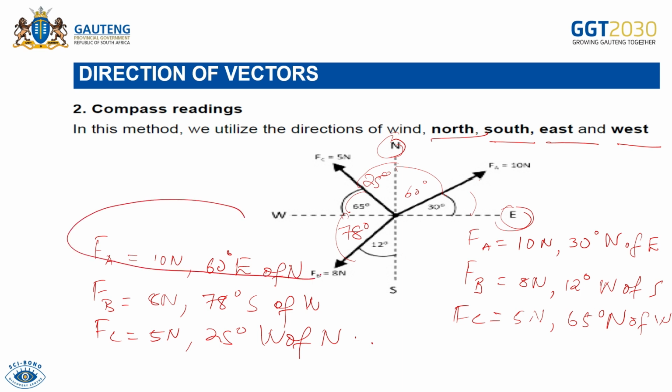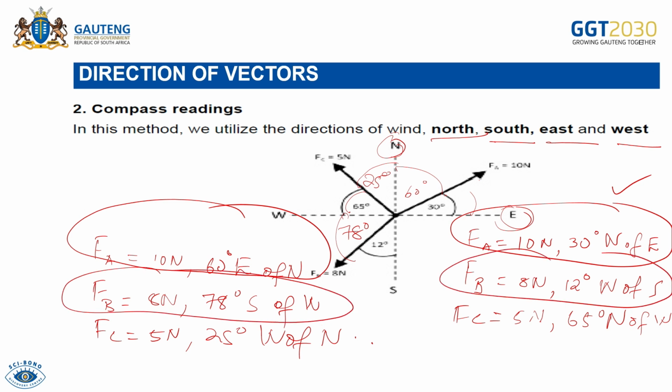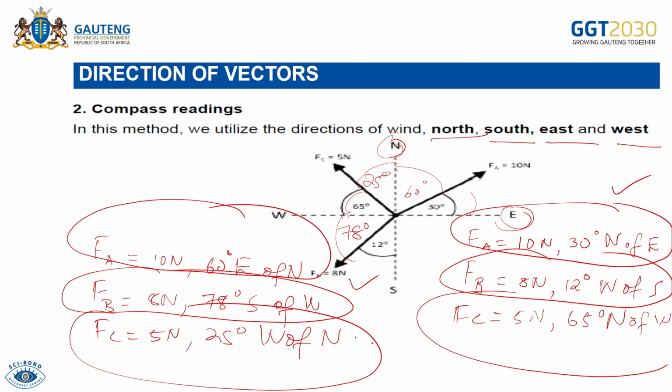So this and this is the same thing. This and this is also the same thing. Even the last one is also the same thing. So that is how we can give the direction of a vector using the compass readings, or the compass directions. I hope it's clear, right?